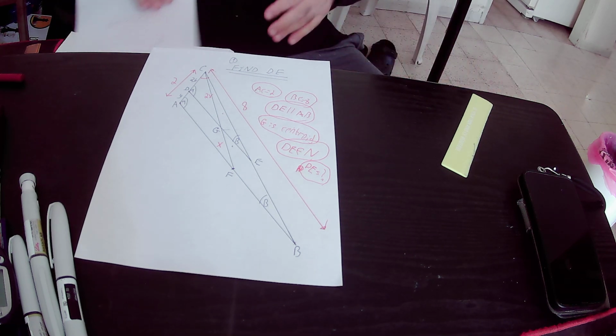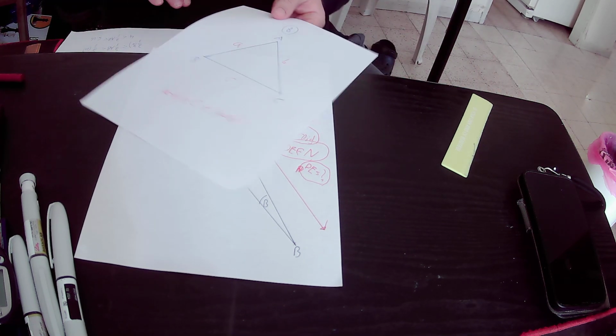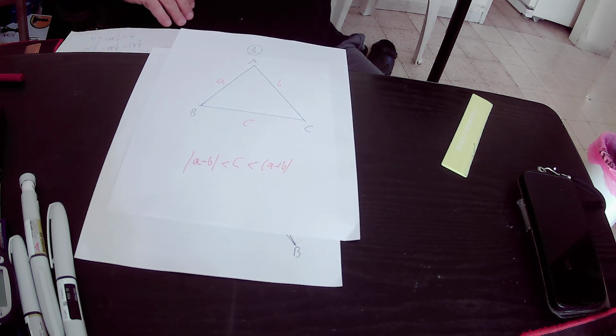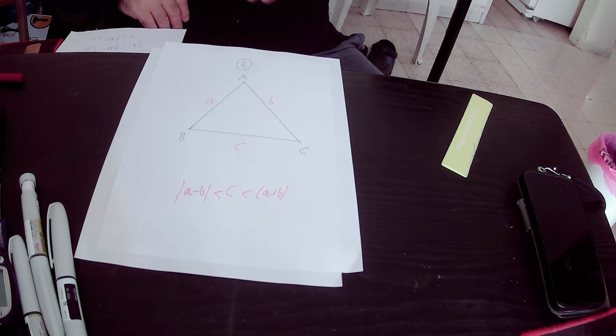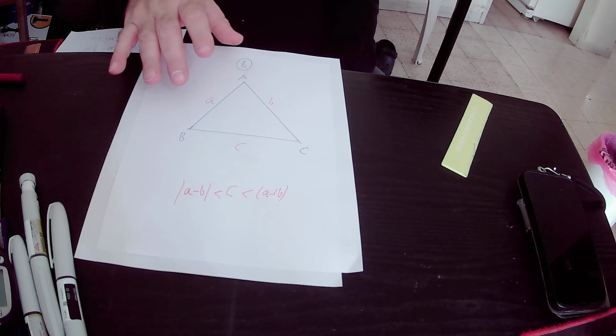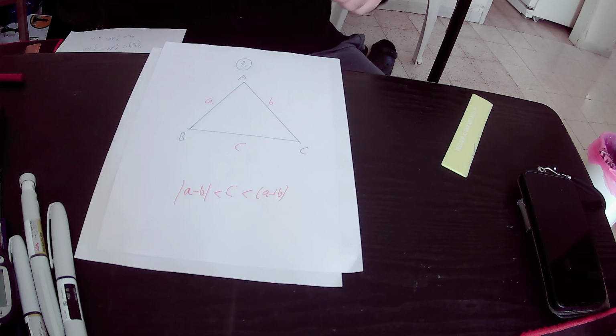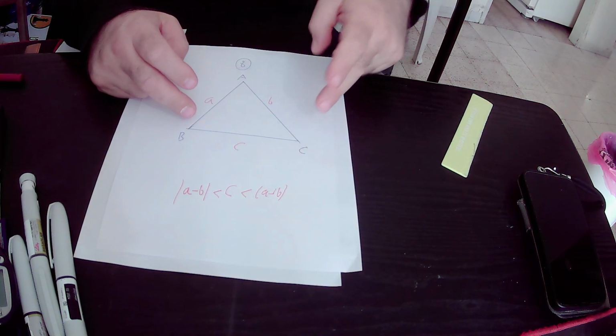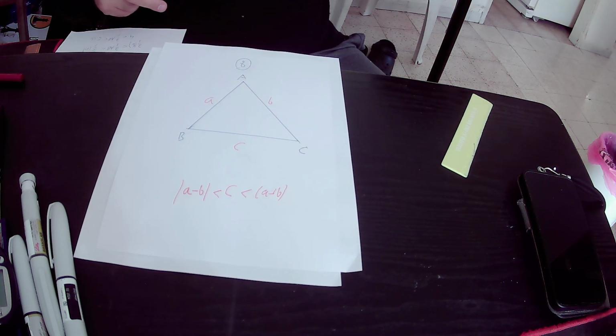And we also know that in any triangle, if we have triangle ABC that can be any triangle, if the side AB is A units, the side AC is B units, and the side BC is C units, then one side of any triangle is always smaller than the sum of the other two sides.